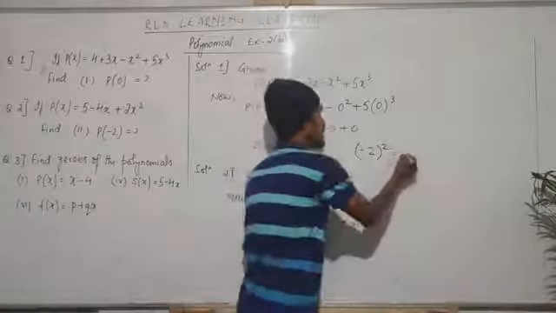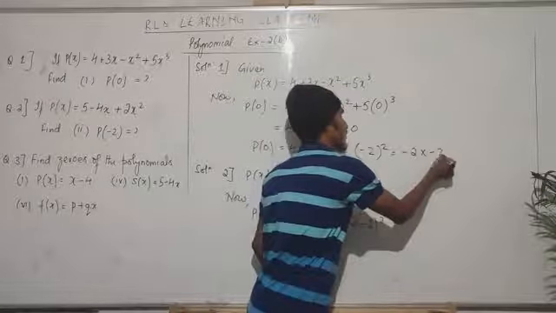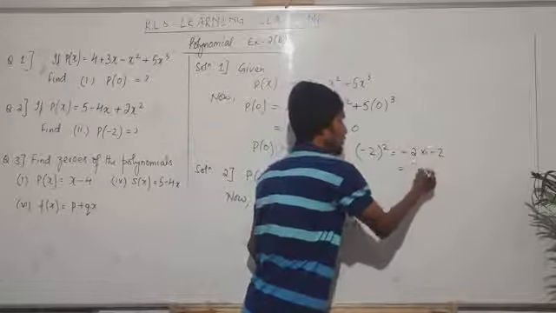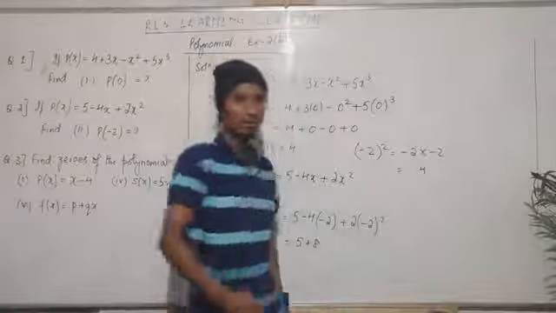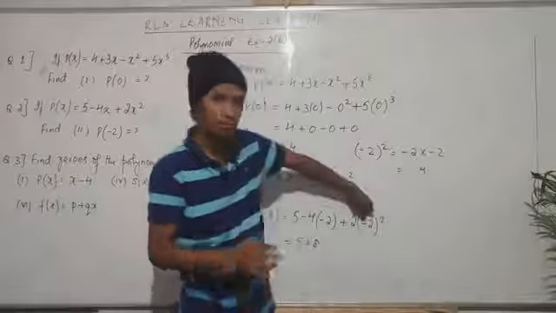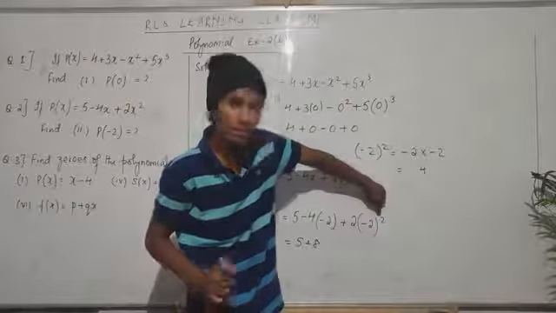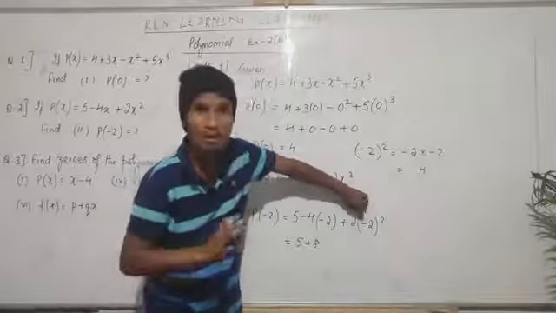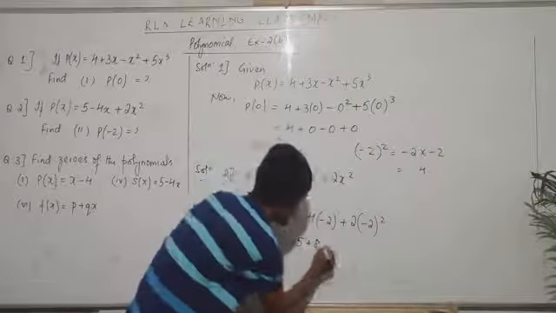Minus 2 whole squared means minus 2 into minus 2. Then 2 into 2 we got 4, and minus into minus will be plus. This minus disappears because of the square, so here is no more minus, we got only plus.